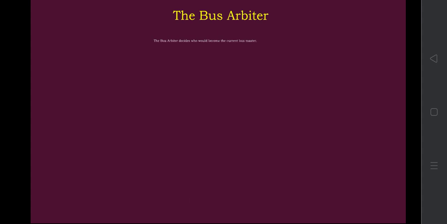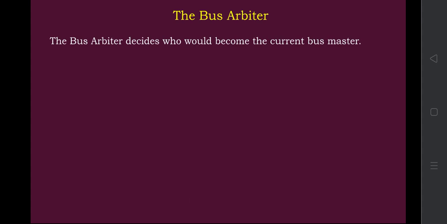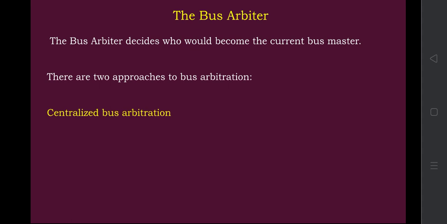Let us see what the bus arbiter is. The bus arbiter decides who becomes the current bus master. That means the bus control is given to a particular device. That is the purpose of the bus arbiter. It decides upon this factor. Now, how are the arbitration techniques done? There are two approaches, namely centralized bus arbitration and distributed bus arbitration.